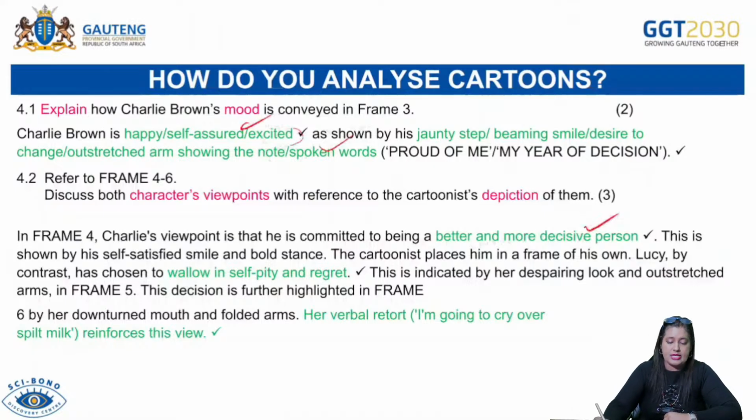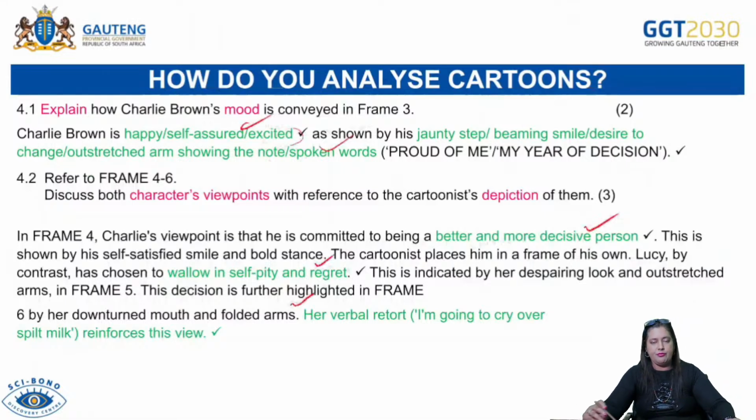Lucy, by contrast, has chosen to wallow in self-pity and regret. This is indicated by her despairing look and outstretched arms in frame 5. The decision is further highlighted in frame 6 by her downturned mouth and folded arms. The words "I'm going to cry over spilt milk" reinforce the view.